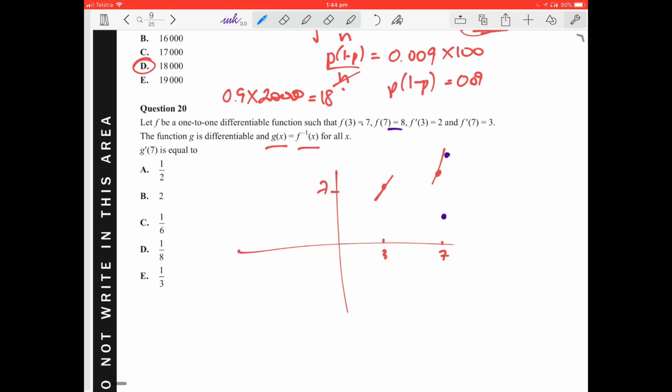Oh, I haven't done the scale properly. F dash of 3 is 2, so g dash of 7. So g of x is basically the inverse of this function. So if f dash of 7 is 3, then if you draw its inverse, it's going to be 1/3.